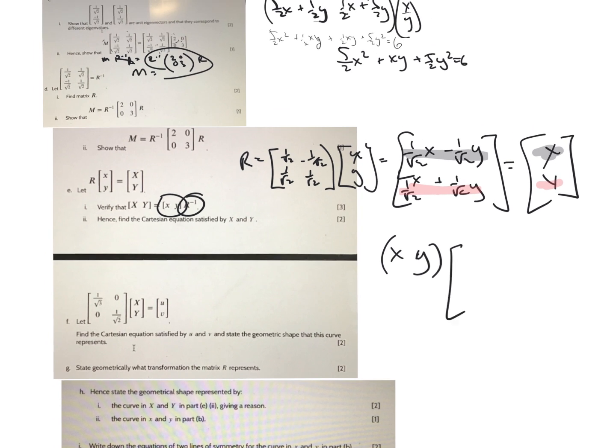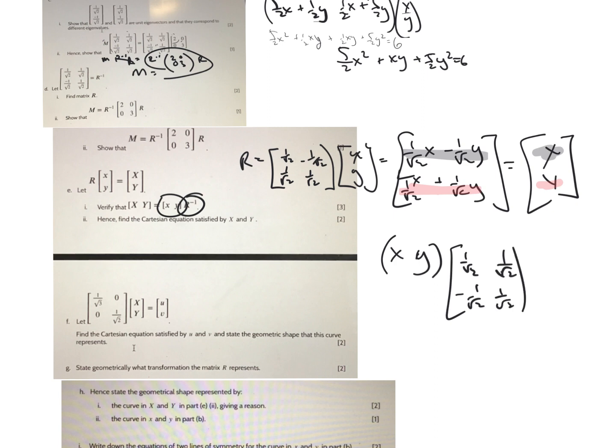And that is saying what is equal to big X, big Y. Well, I know then that this equals X, and that equals Y. So I can then also go, well, let's take xy, this one, and our inverse, which I know from above is 1 over root 2, minus 1 over root 2, 1 over root 2, 1 over root 2.